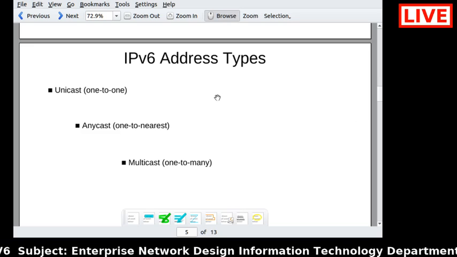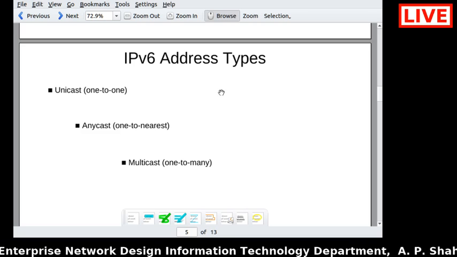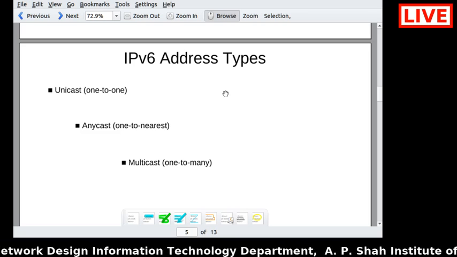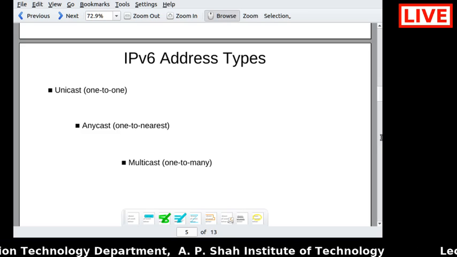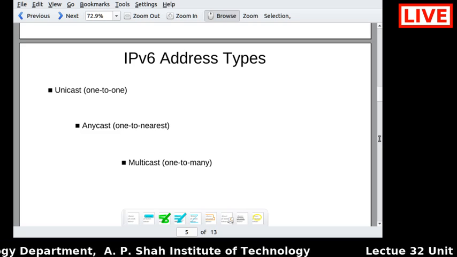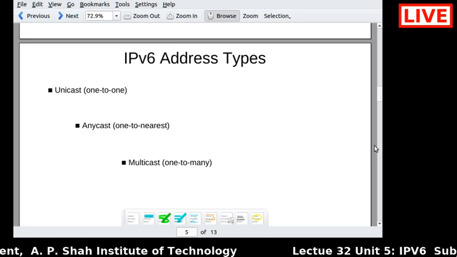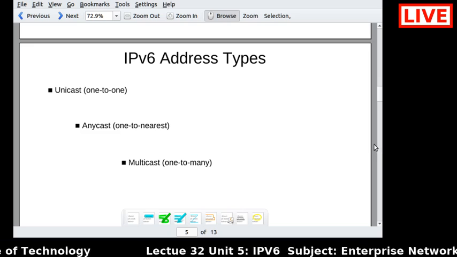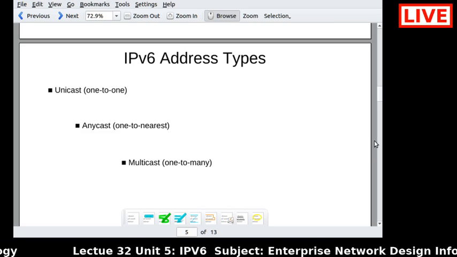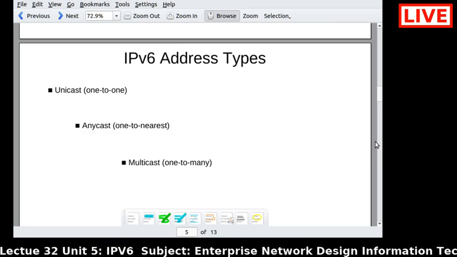Whatever packet you send to a unicast IPv6 address goes to the interface identified by that address, and that IPv6 address space can encompass the entire IPv6 address range, and also has some range which is used for multicasting addresses, right?